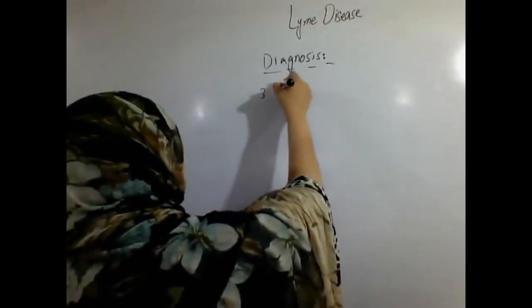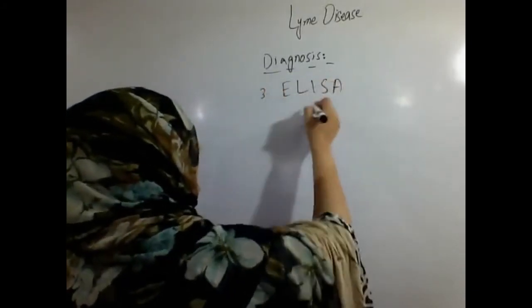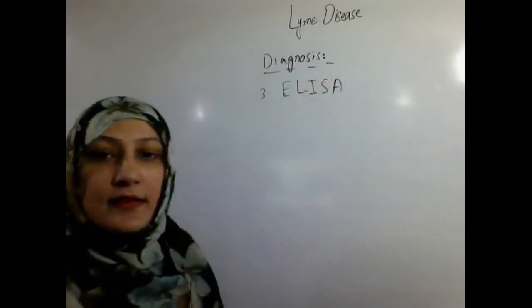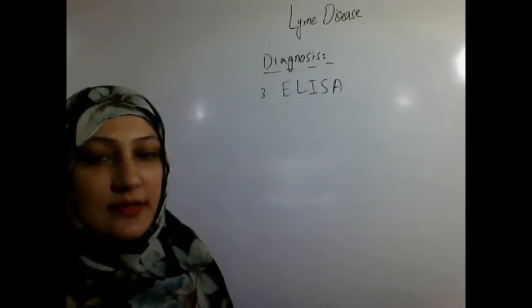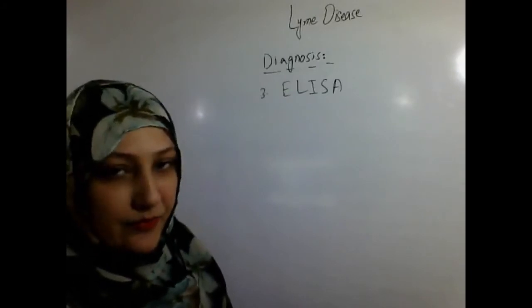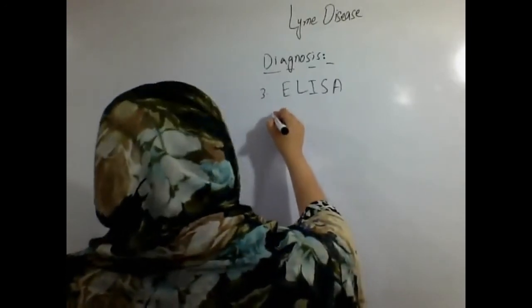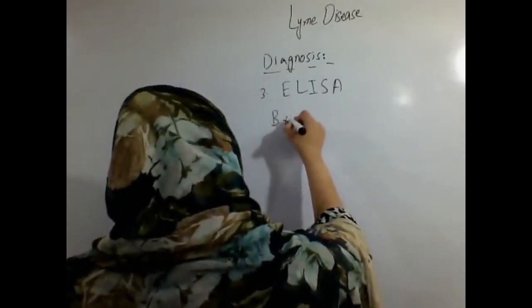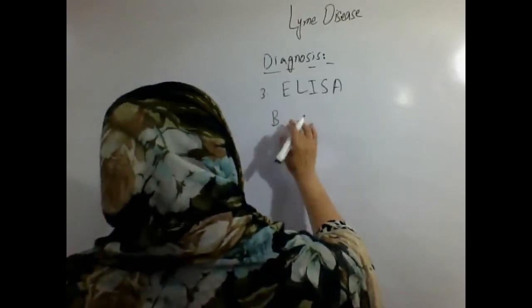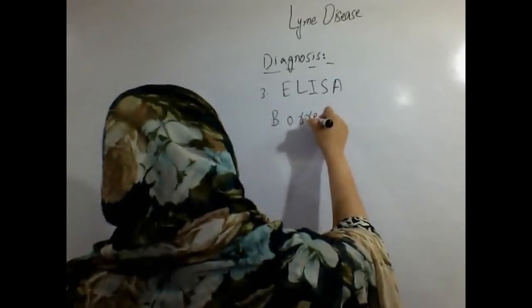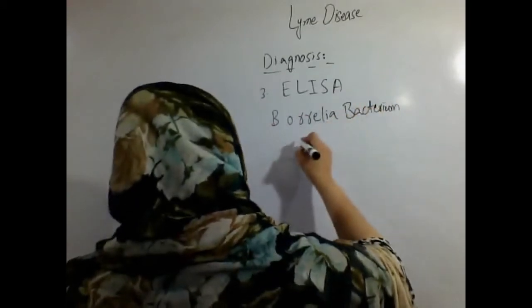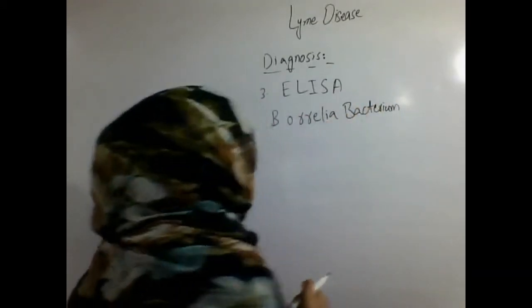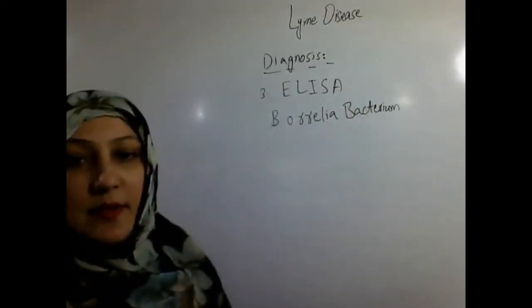The third diagnosis is the use of the ELISA test to check the presence of antibodies in the patient's blood plasma, to check the presence of the disease caused by Borrelia bacteria. This is an infectious disease caused by the Borrelia bacterium.